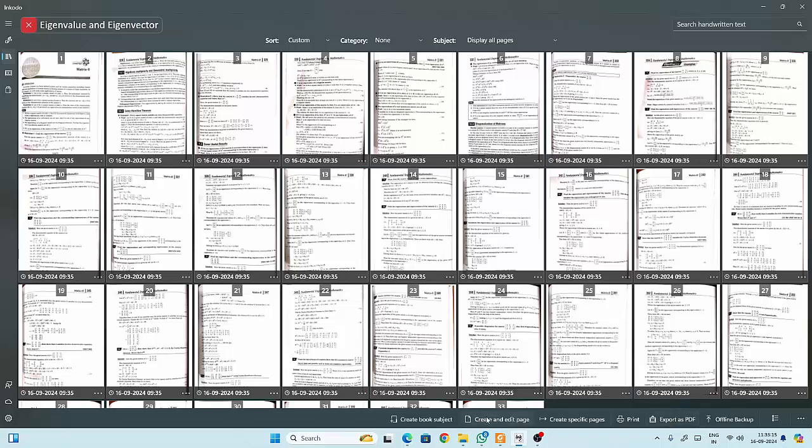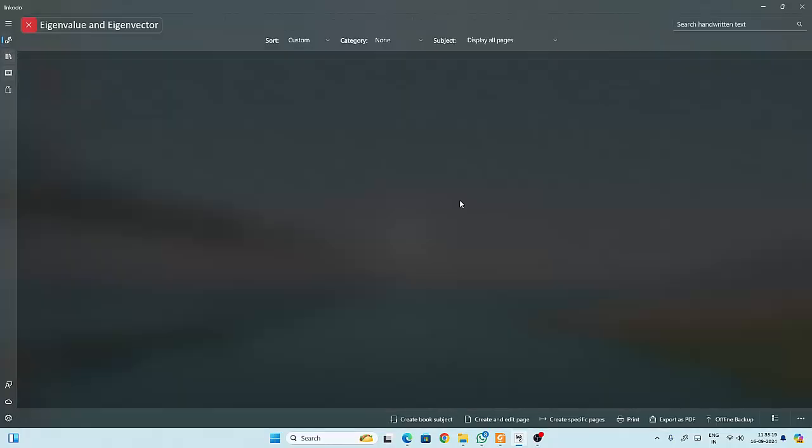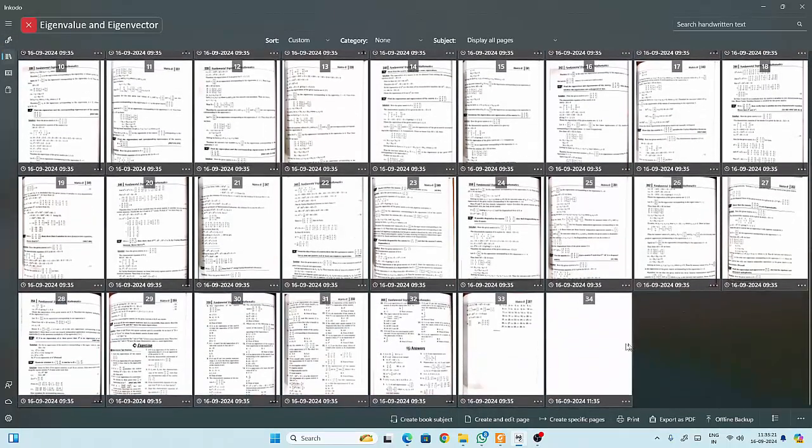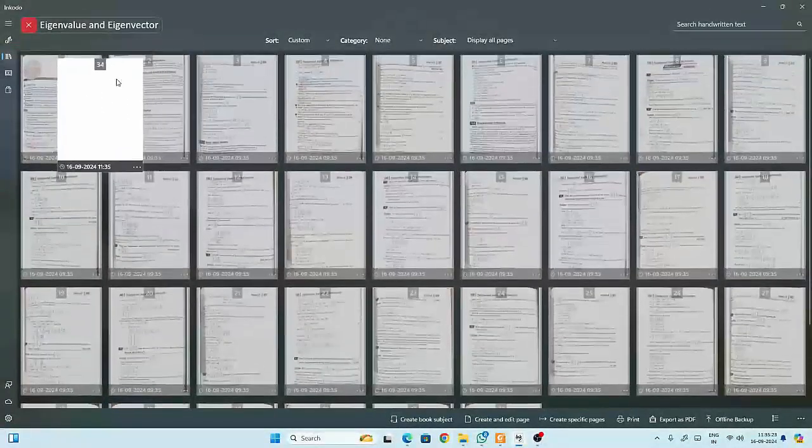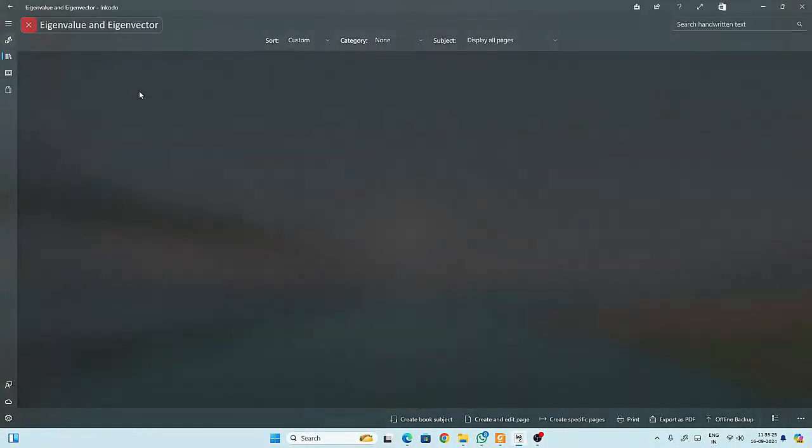I am taking one page here to describe it fast, then we can go for the notes. There are so many pages. So what eigenvalues and eigenvectors are: suppose a matrix A is given, which is a square matrix.